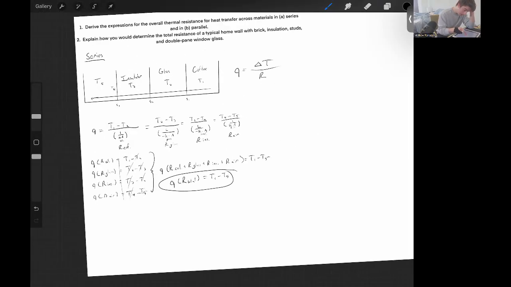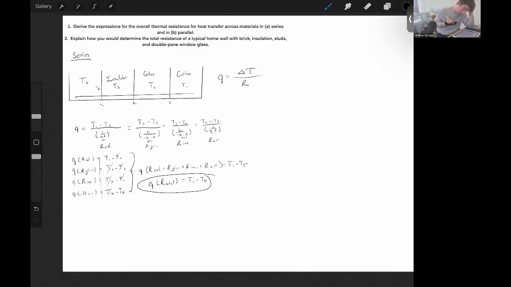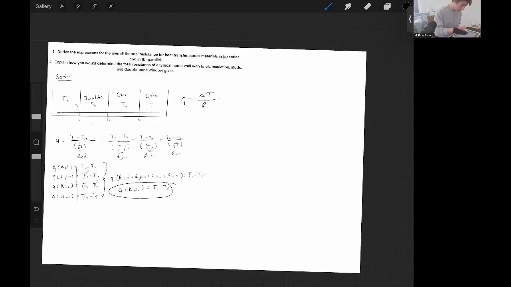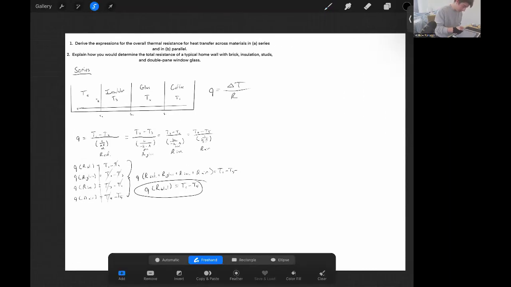And that is how we can derive an expression for the overall thermal resistance, which for a problem like this is a much simpler method than trying to individually solve for all of the heat transfers between each and every individual phase. So that is how we do it for a series. So how do we do it for a parallel? I'm going to go ahead and shrink this down.